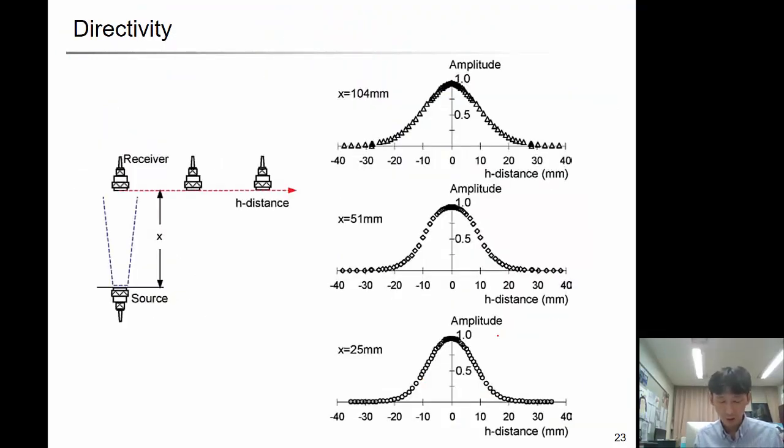So this is the test result showing the directivity of typical ultrasonic transducers. You have a source and you're moving the receiver horizontally from the center of the source. You can see the amplitude goes down as you go further away horizontally.